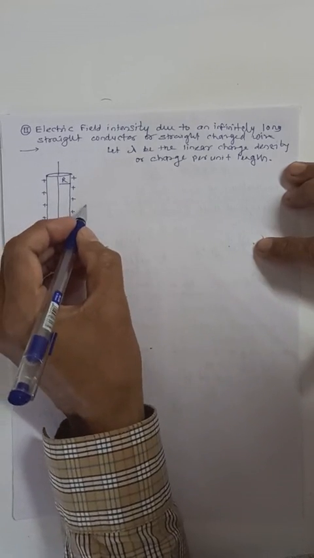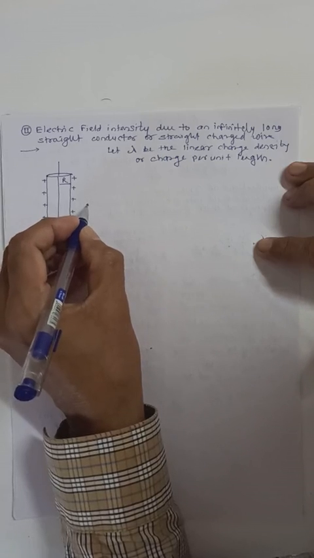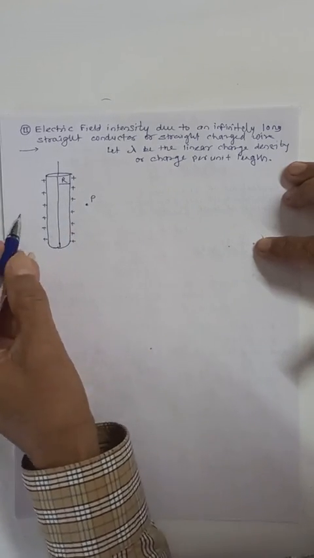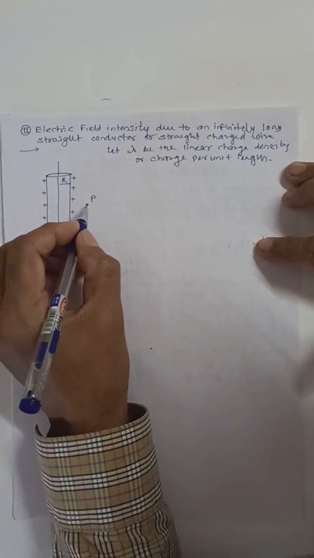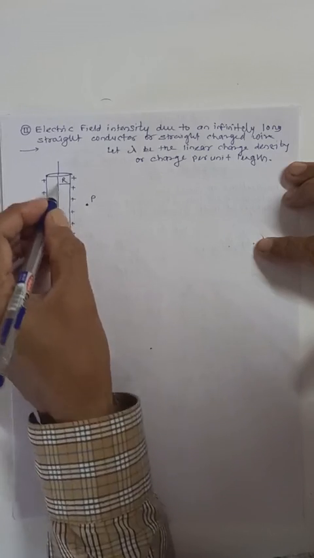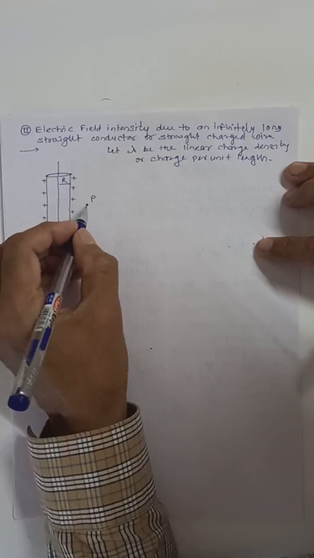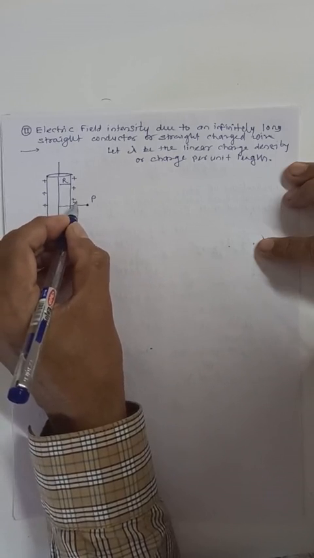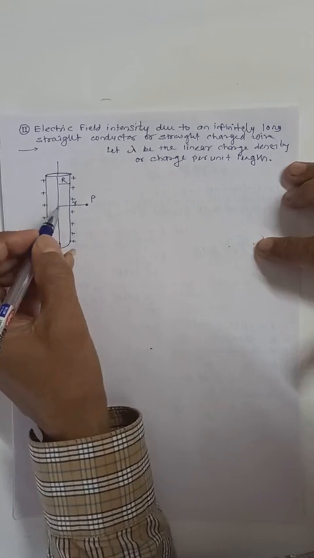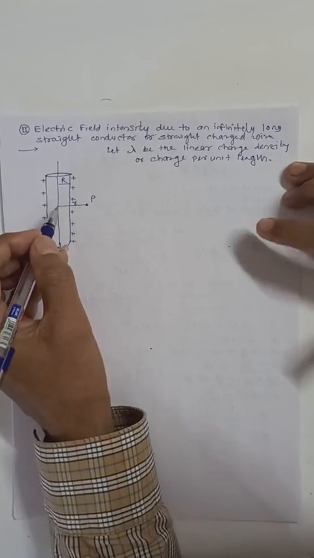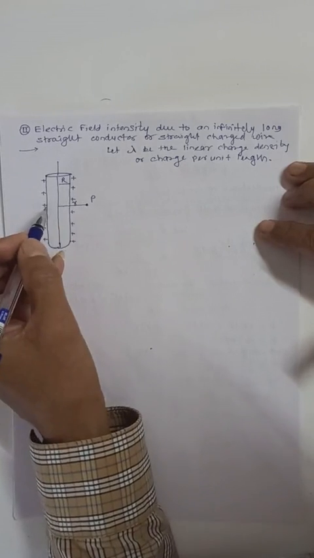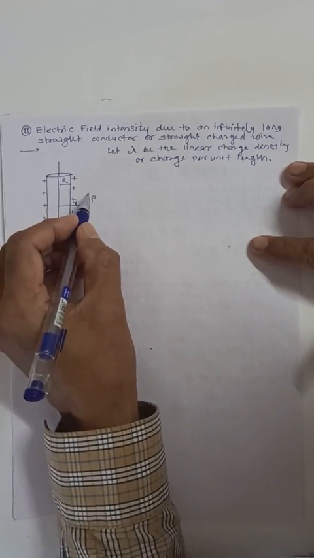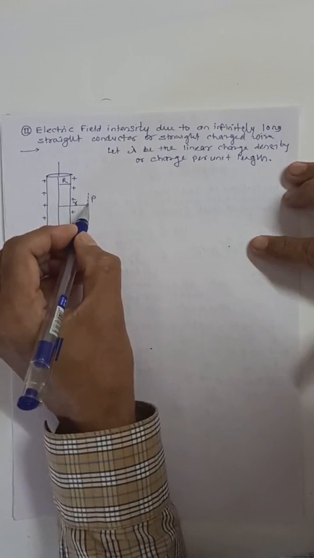Now, let P be any point outside the conducting wire. The distance of the point P from the axis of this wire is, suppose, small r. Once again, the Gauss theorem is applicable for a closed surface. So draw a coaxial cylinder passing through the point P like this.